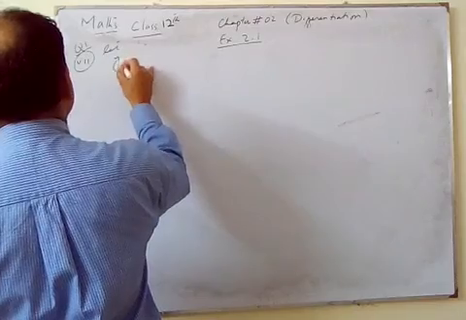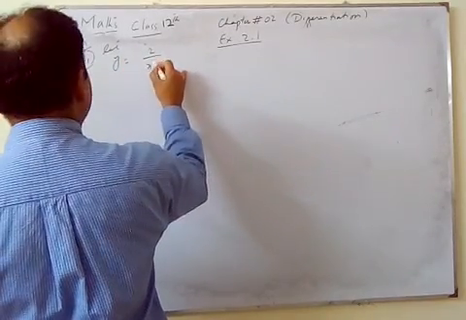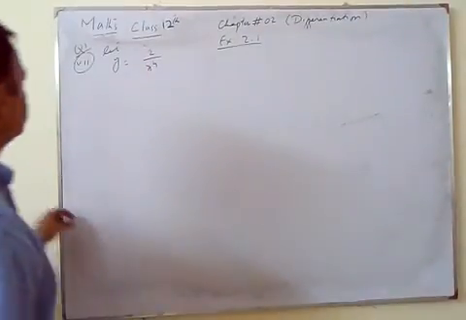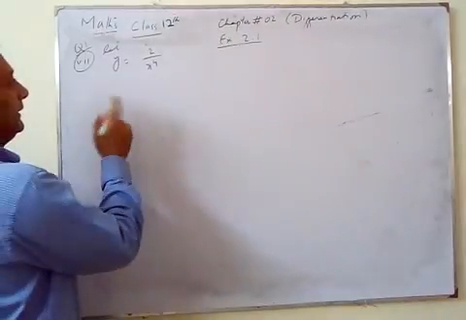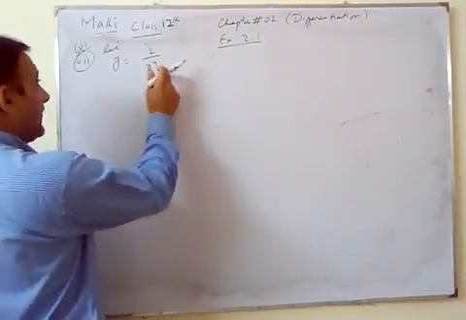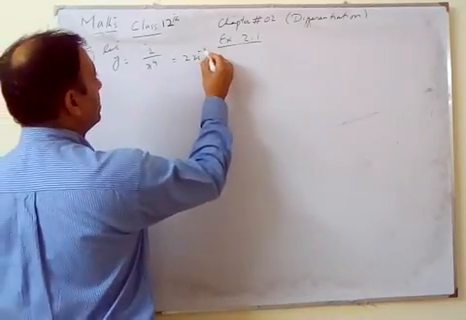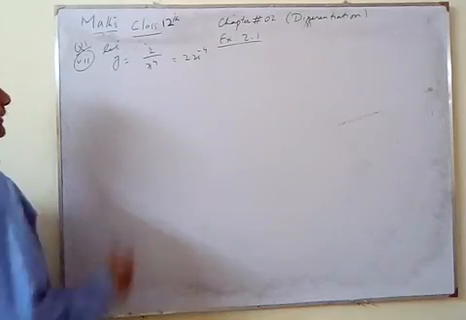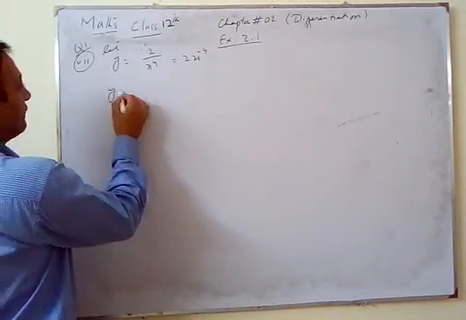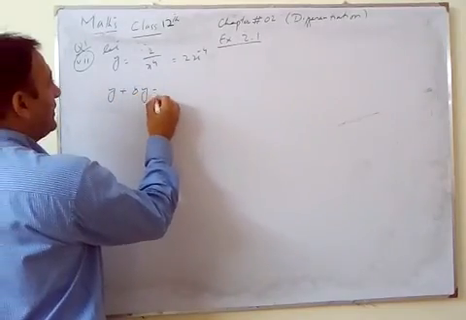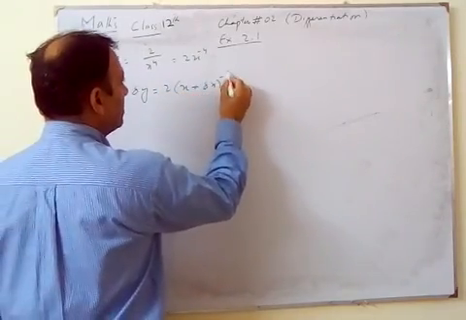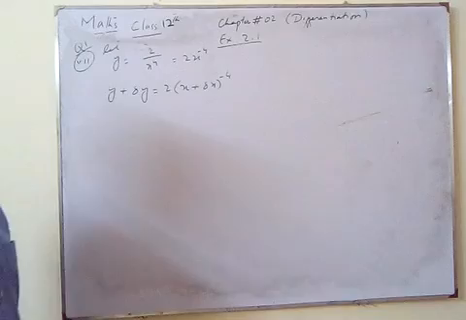Let y is equal to 2 by x power 4. Let's see. Again, it can be written as 2 into x power minus 4. So, taking increment on both sides, y plus delta y is 2 into x plus delta x power minus 4.